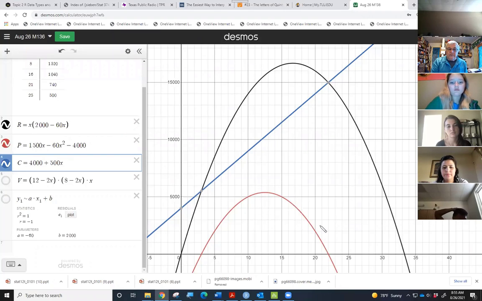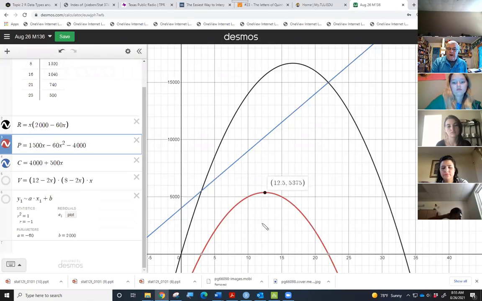It's going to be max at this vertex. Now I could fish around and find that vertex, but that would be an interesting point. So if I just click my graph, there it popped up, and the vertex is at 12.5, which would be 12,500 units. I maximize my profit at 12,500 units.